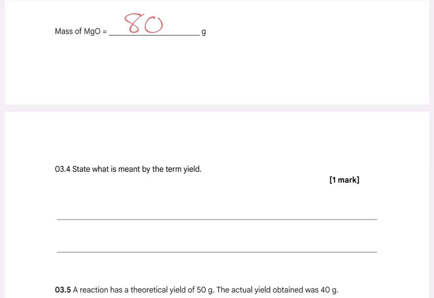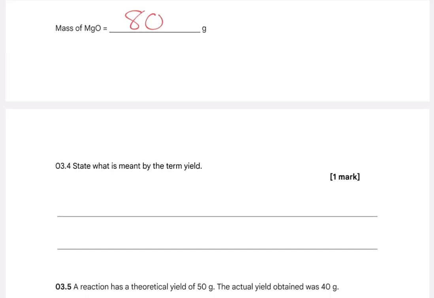So if we're then asked in a question about what a yield is, the yield is ultimately how much of a product we get from a reaction. So it is that the yield is the, now I don't usually like using the word amount, but in this one it arguably makes a bit more sense.